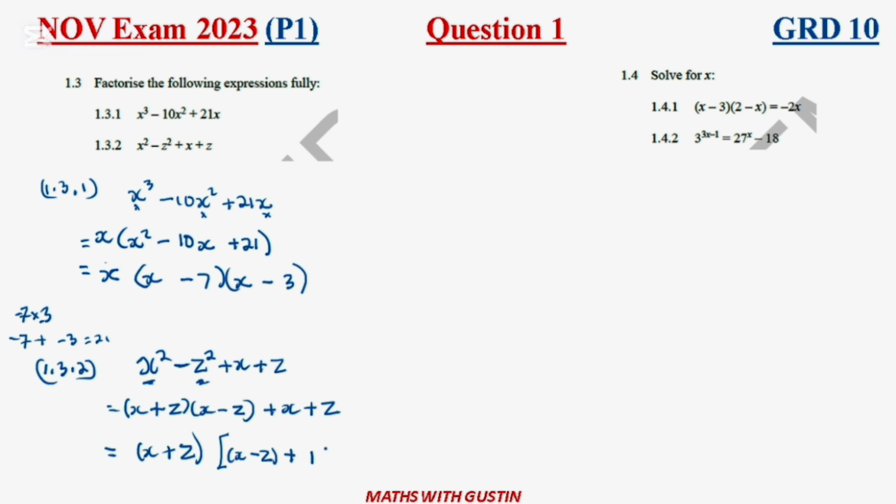Close bracket. Great stuff. So you took out a common factor of that. Great stuff.